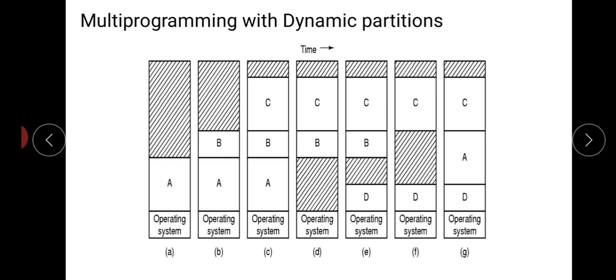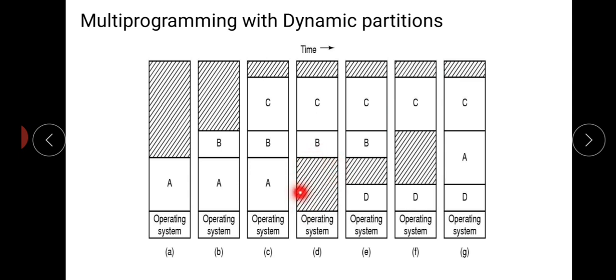When any process comes into the picture, the required amount of memory will be allocated. If there are 3 processes and one more process is coming into the picture, and there is not enough space, then that particular process will be put into the waiting queue.